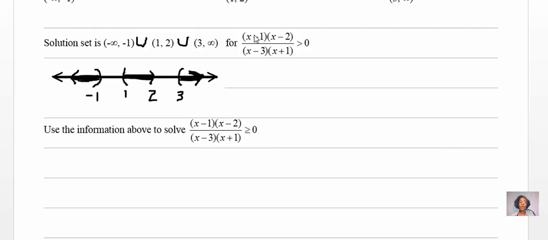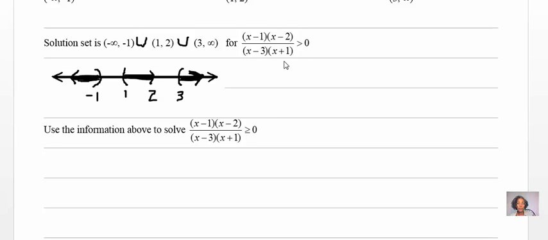What has to happen now is that only the boundary points that made the numerator 0 are included. And remember, that was x equal to 1 and x equal to 2. So we only include those boundary points. We still omit the boundary points that made the denominator 0. That would be x equal to 3 and x equal to -1, because we cannot divide by 0.